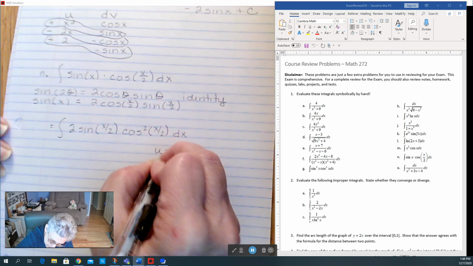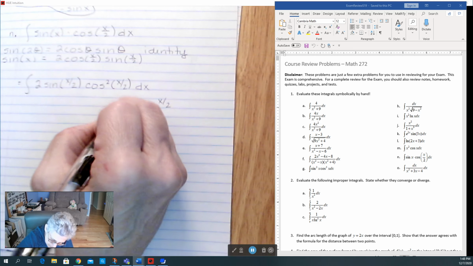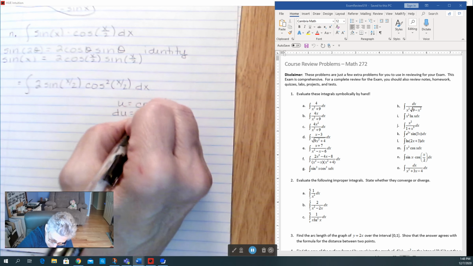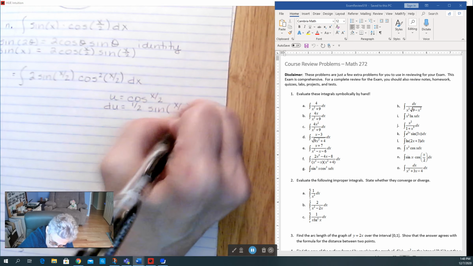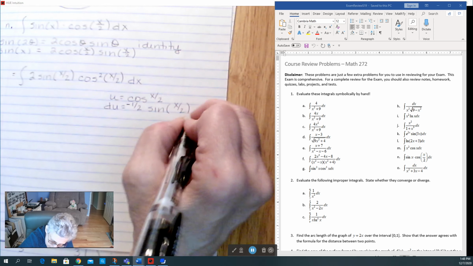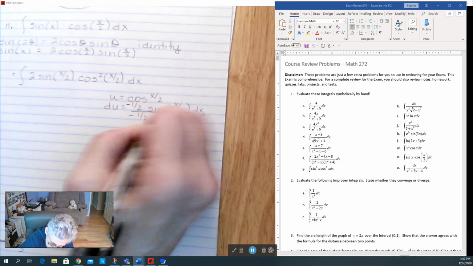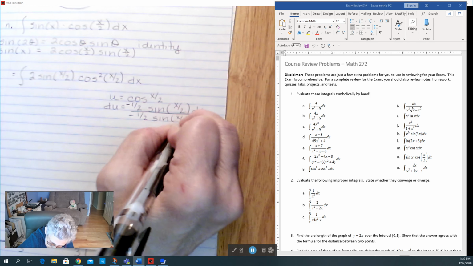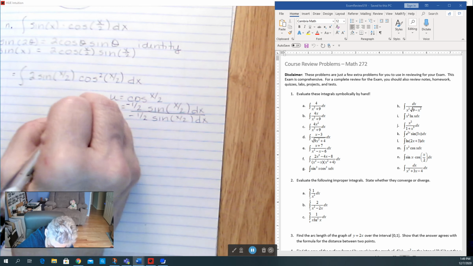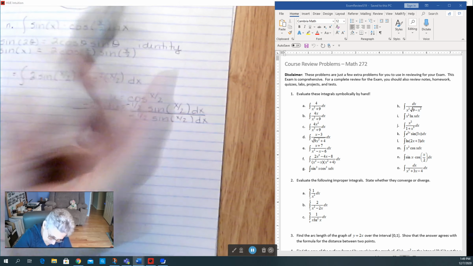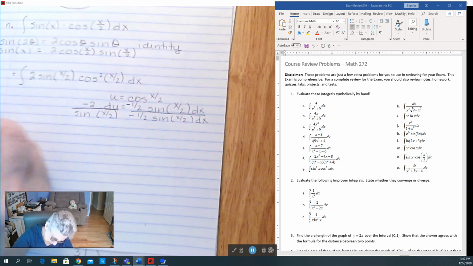So I want u to be equal to cosine of x over 2. du would be equal to negative 1/2 of sine of x over 2 dx. So dx is du divided by negative 1/2 of sine of x over 2, so we have negative 2 du over sine of x over 2.